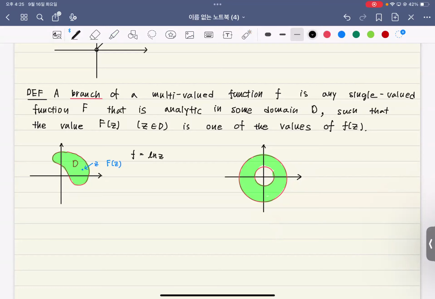So this can be a domain of ln of z, but this cannot be a domain of ln of z.